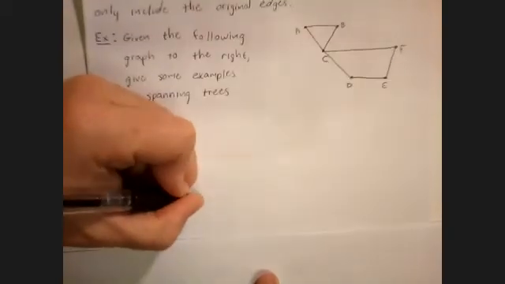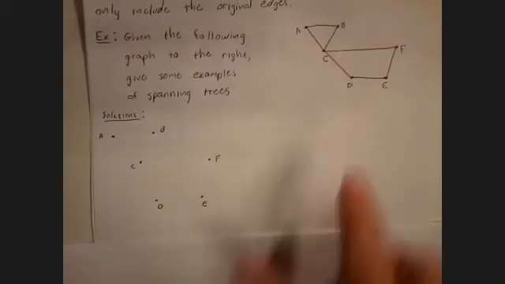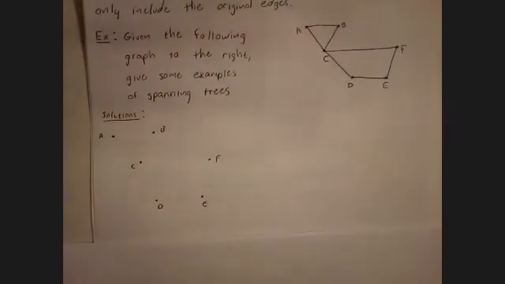I don't have to have each of these lines. In fact, we're trying to make the most minimal network so I can get from A to F through all of these the shortest way, or A to E the shortest way. Okay. So I want to connect these, but I don't want any circuits.